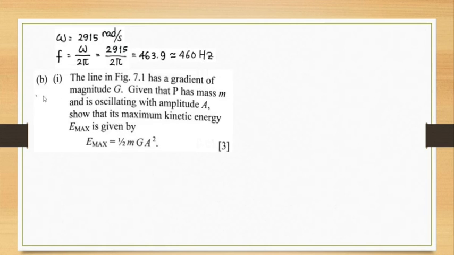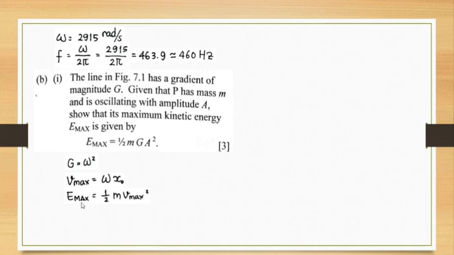The next question is about the maximum kinetic energy. The line has a gradient of magnitude g, which we have calculated before. Given that P has mass m and is oscillating with amplitude a, show that its maximum kinetic energy Emax is given by this equation. We can say that this gradient is equal to omega squared, and Vmax is omega times x0, as I have discussed before, and E is equal to a half mv squared.